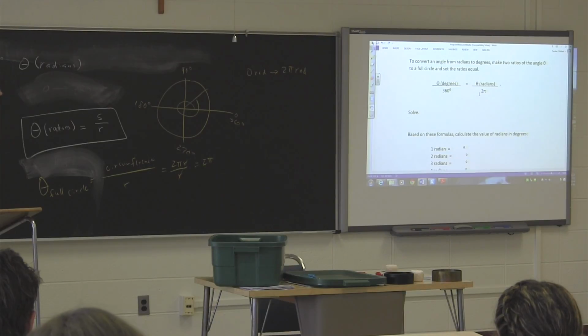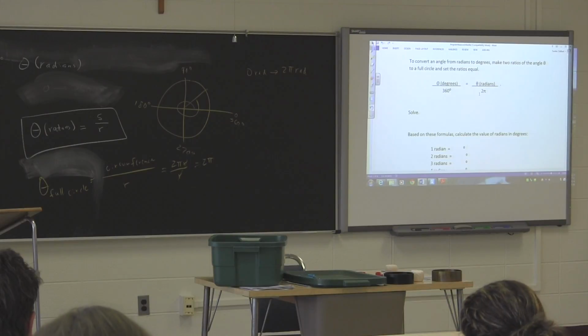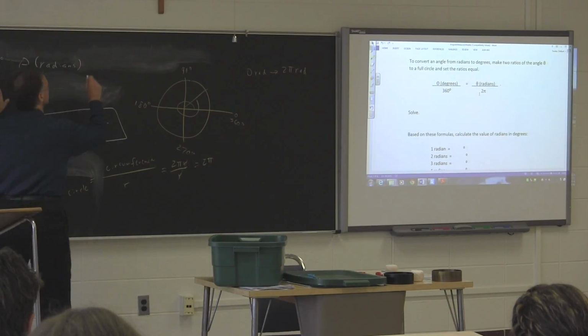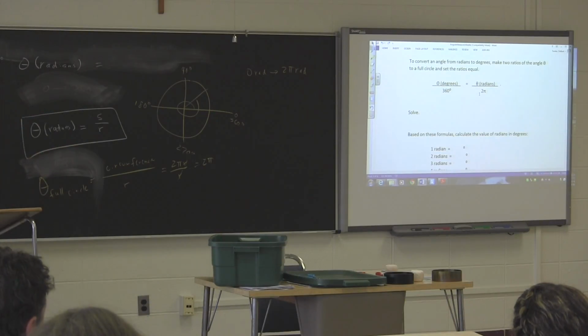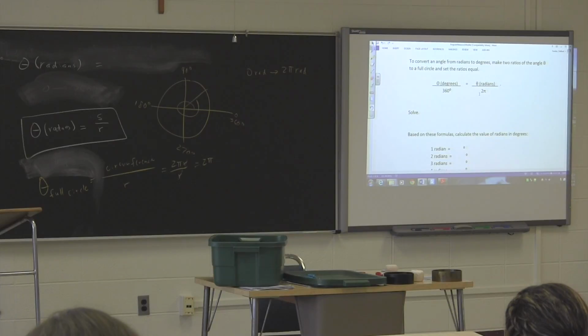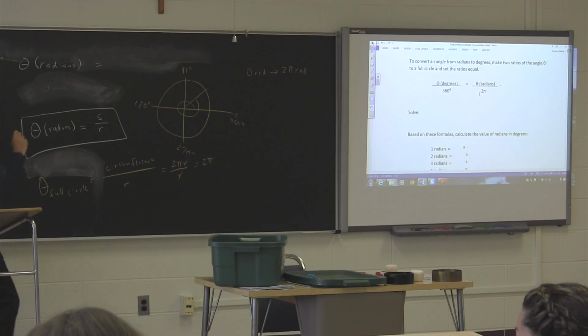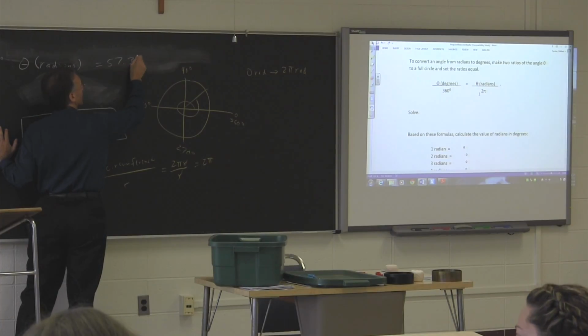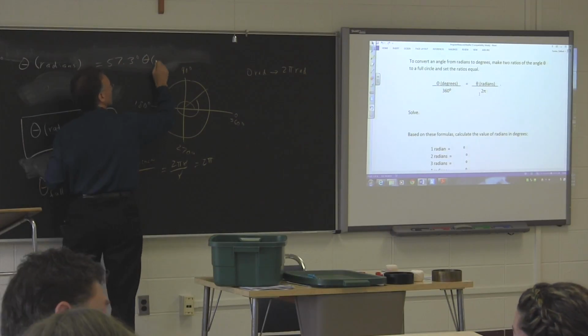Okay, we could also write this as a number, because pi is just a number, right? So you could write it as a number in degrees. What would that be? 57 point what? 3.